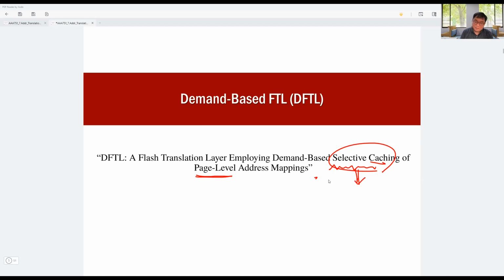The authors apply a very traditional technique called caching. We can apply the same approach to our research area. So why do we need a cache? Because memory such as SRAM is very expensive, and DRAM is also expensive.